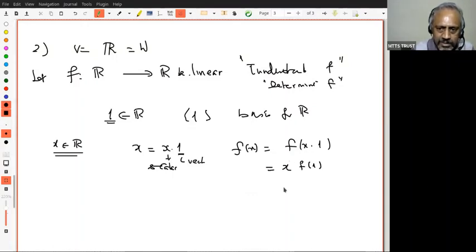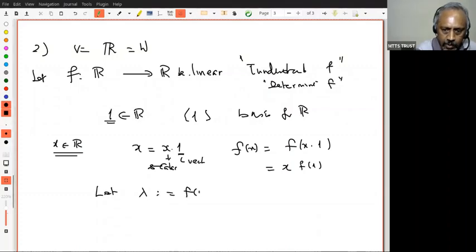I just use only that f respects scalar multiplication. Now let lambda equal f of 1. Therefore f of x is equal to lambda times x, where lambda is f of 1.